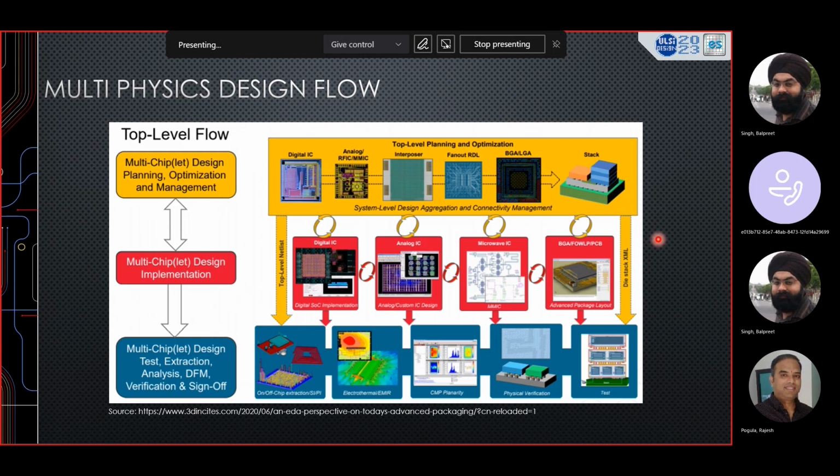How do you predict the yield? How do you predict the cost of this overall product when these chiplets are coming together? Viswajit was giving a good example of Ponte Vecchio, with 46 chiplets, and there could be 100 plus chiplets in the future. How do you put all the chiplets together and create a healthier product?